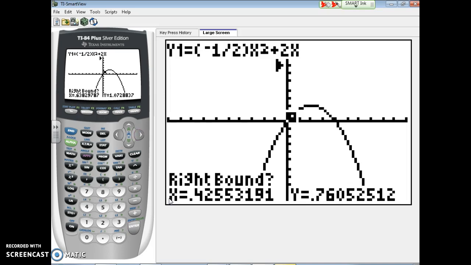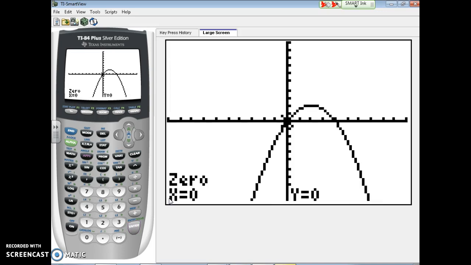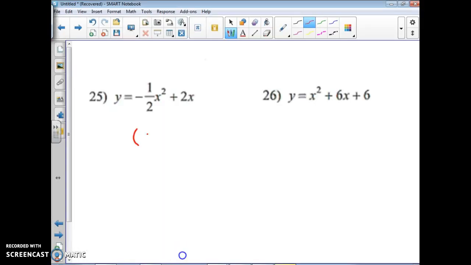When I move my arrow, it automatically kind of continues along the curve. Okay? So I'm going to press enter again. I'm not asking it to guess. I'm going to press enter twice. And I get 0, 0. Okay? That's 0, 0.